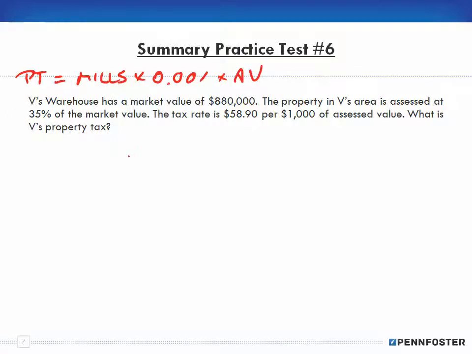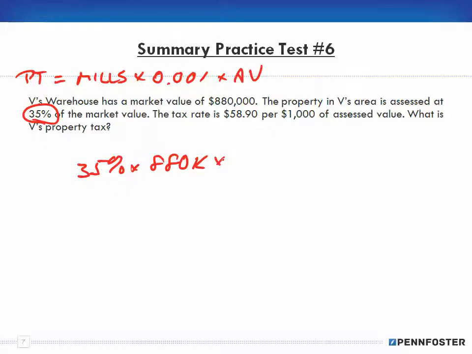It's 35% as a percentage, so we have 35% times the assessed value of 880,000, times the... nope.